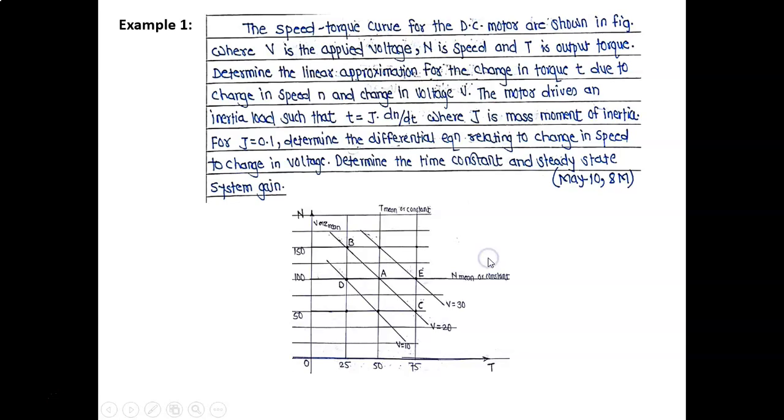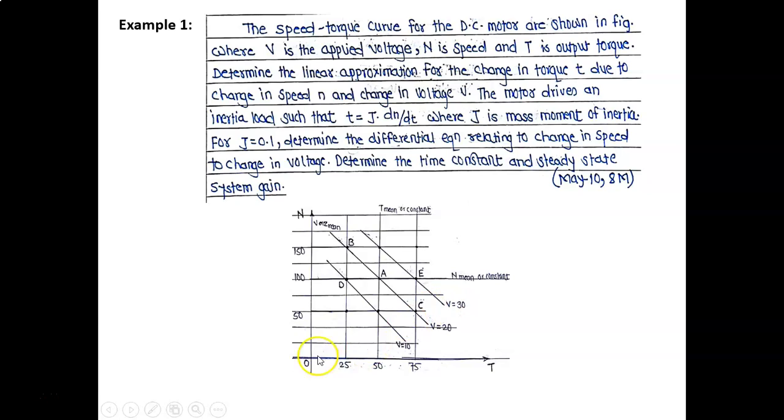Now these curves they have provided. On the y-axis speed is there, on the x-axis torque is there, and voltage is a function of speed and torque. See that these inclined lines are voltage lines, means V is equal to 10, V is equal to 20, and V is equal to 30.